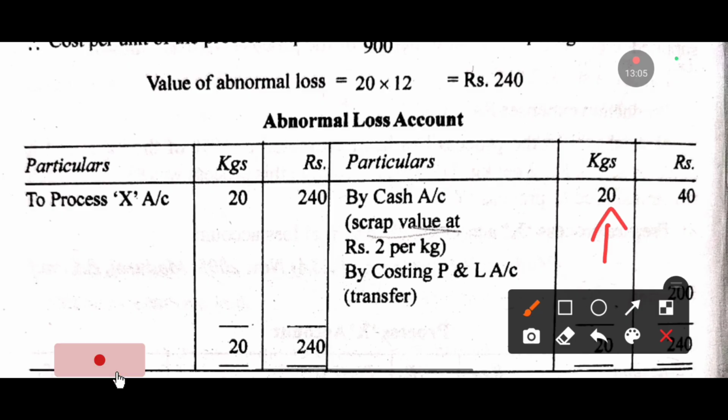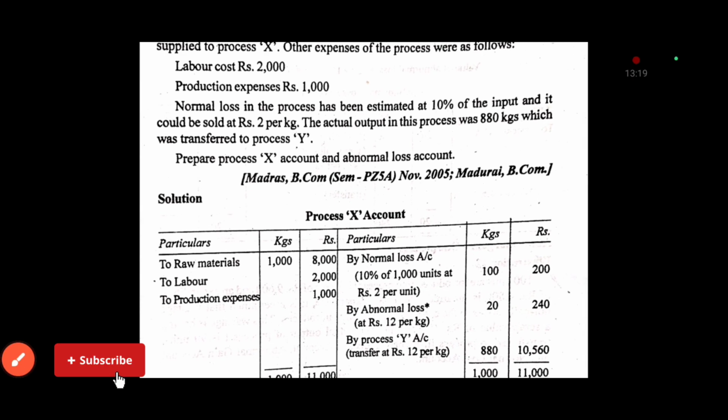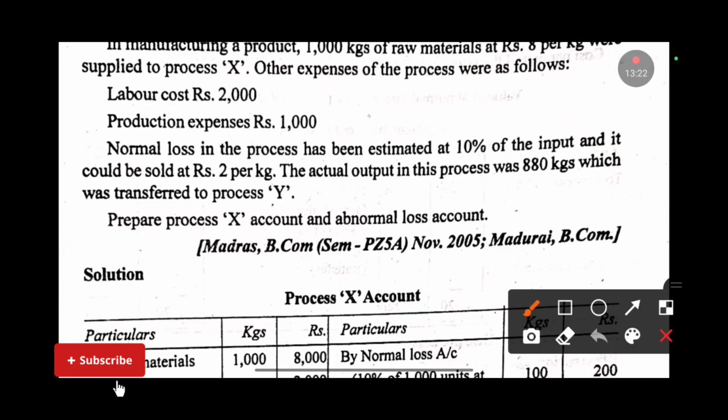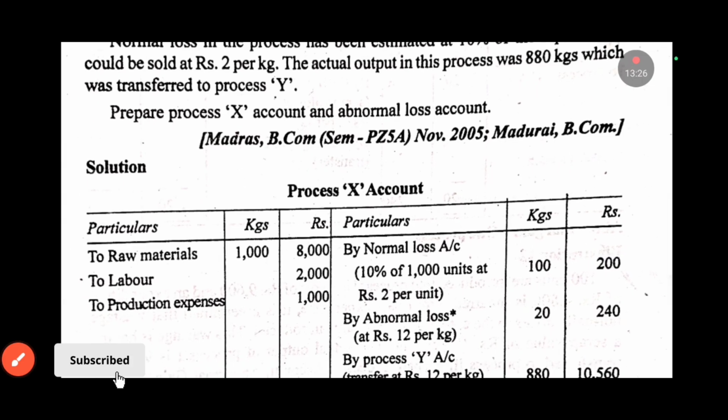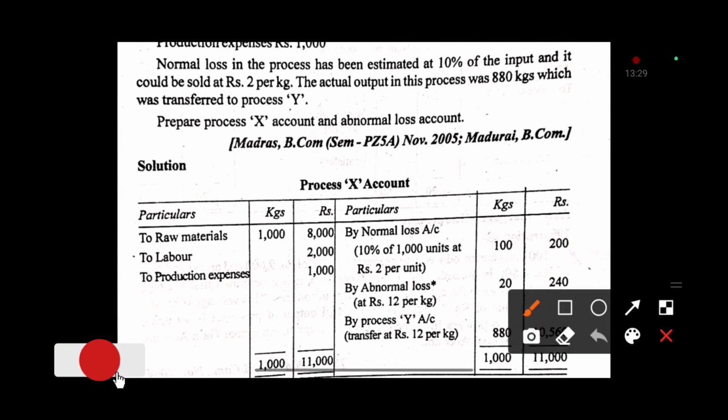On creditor side, enter 20 kilos. How much abnormal loss we have? 20 kilos. That 20 kilos is sold through scrap value 2 rupees. Look at the question: how much scrap value we have? 2 rupees. To find the value of abnormal loss, we use the scrap value of 2 rupees. For normal loss we calculated the scrap value of 200 rupees.